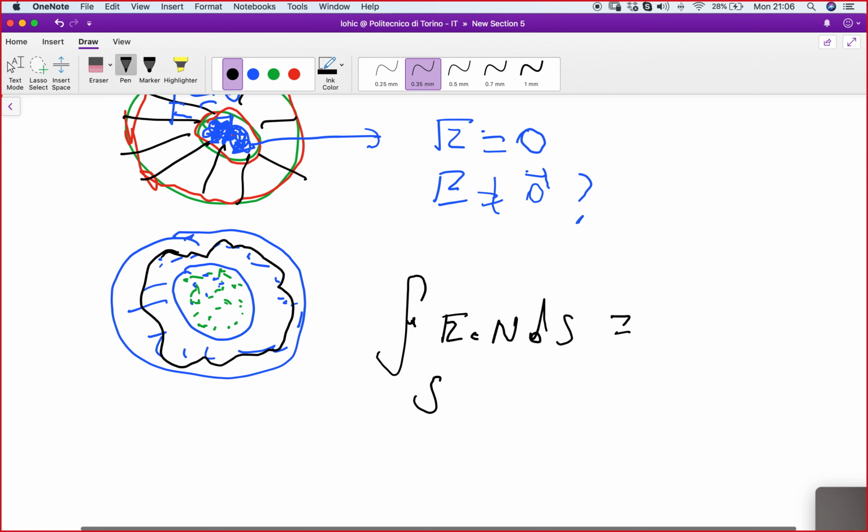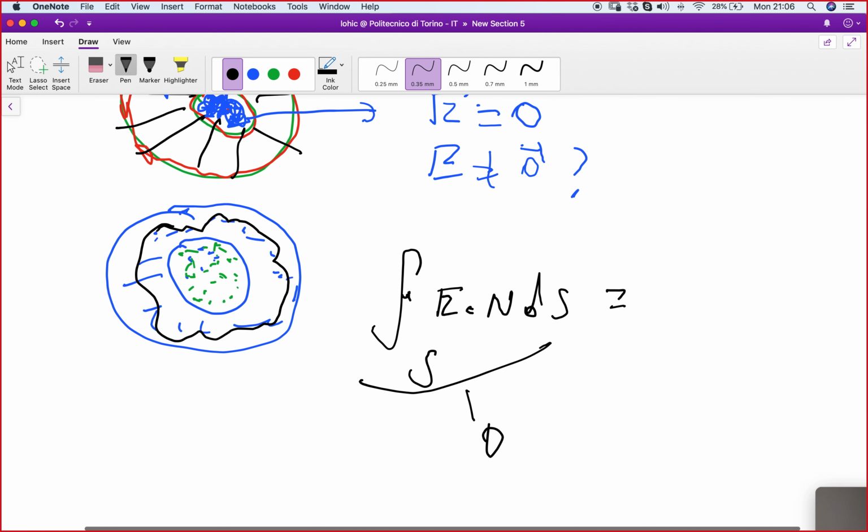It has to be 0. It's clear? It will be 0 because this black surface is inside the conductor. At any point the field here is 0. So this flux, this integral, will be 0 because it will be the integral of 0 multiplied by n.